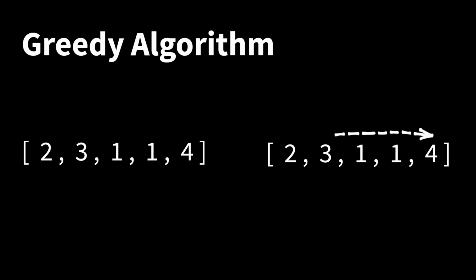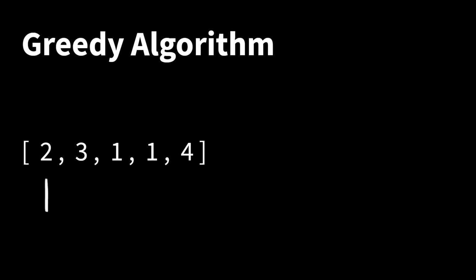So you are starting from this 2, right? Currently your maximum jumping capability is 2. Now you will go to this number 3. From this 3 you can reach the fourth index. So how exactly are you calculating?